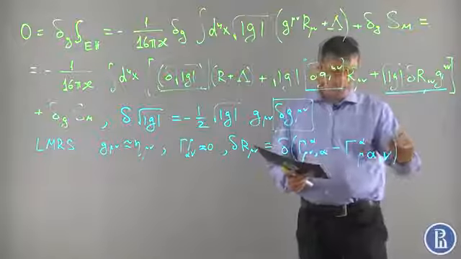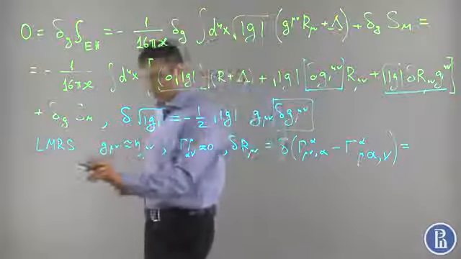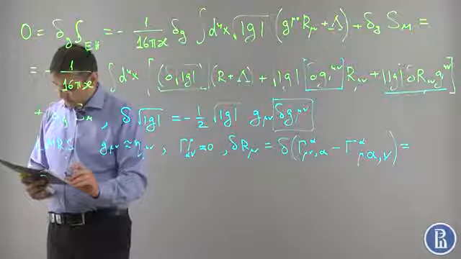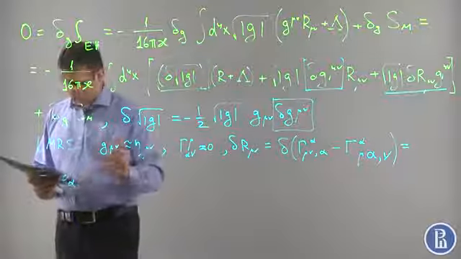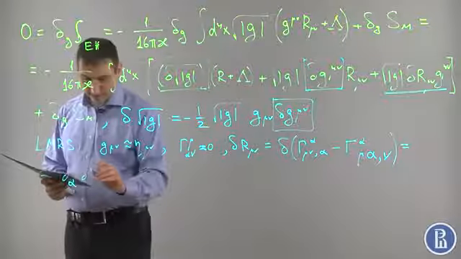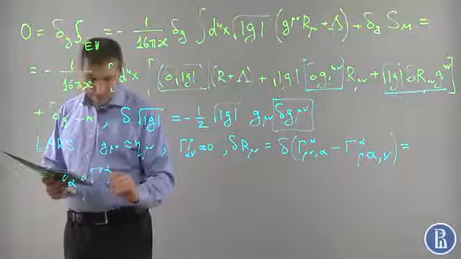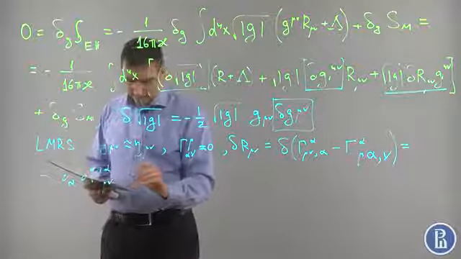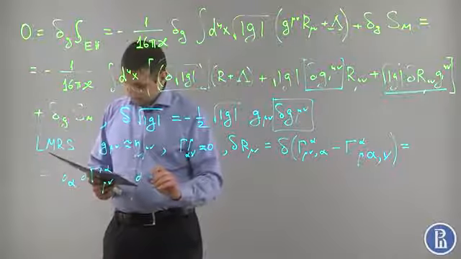So this is equal to ∇_α δΓ^α_μν minus ∇_ν δΓ^α_μα, by definition.